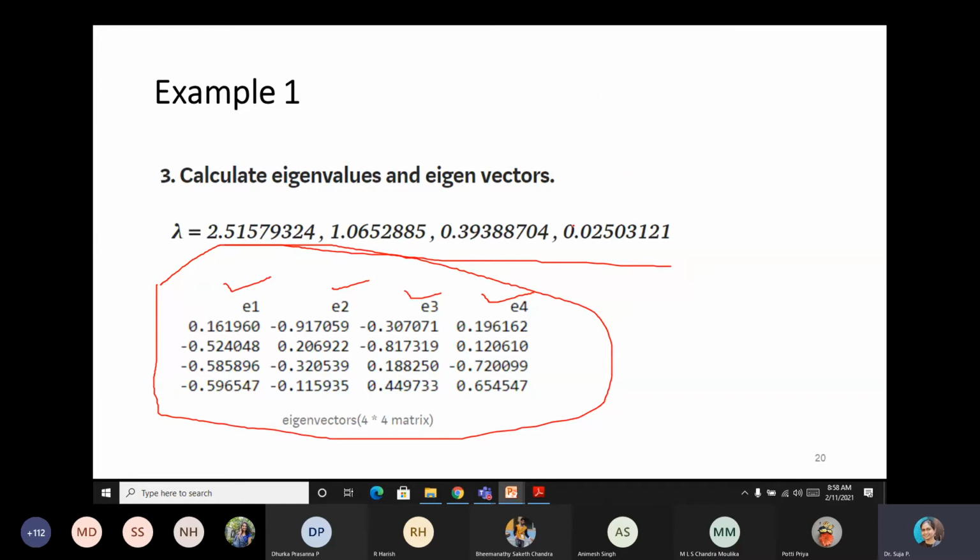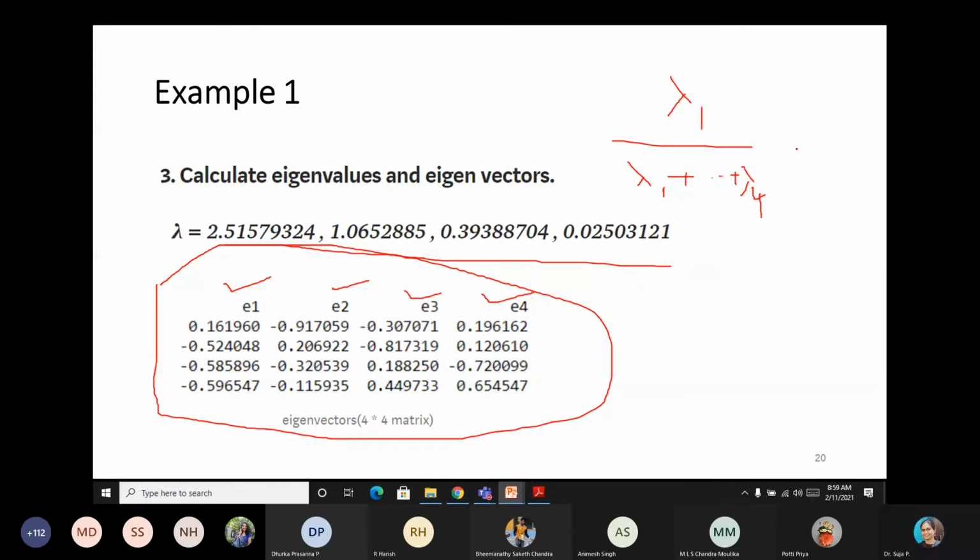All of them together should contribute 100%, right? So assume this is lambda 1, lambda 2, lambda 3 and lambda 4. You take lambda 1 divided by lambda 1 plus lambda 2 plus lambda 3 plus lambda 4, and multiply by 100, and you will get a percentage value.